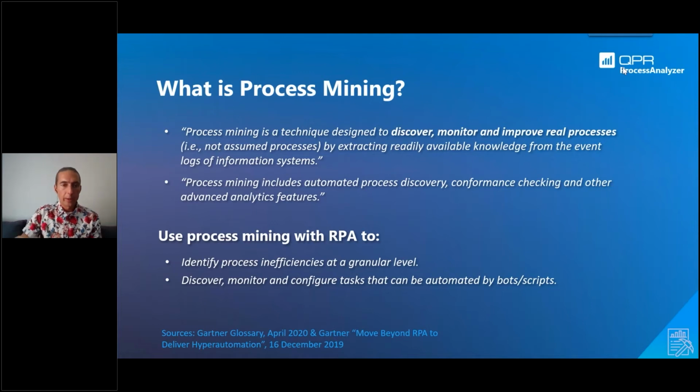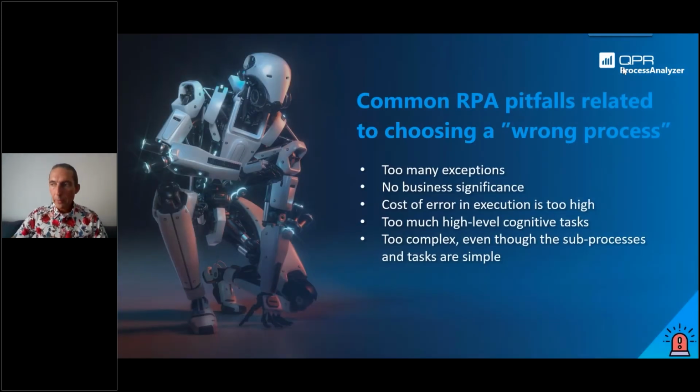Process mining is the high level monitoring, discovering tool that is all the time telling how the process is going, what is the health of the process. Okay, so some of the challenges in RPA include choosing the wrong process.